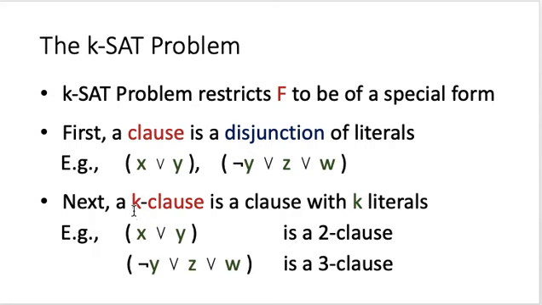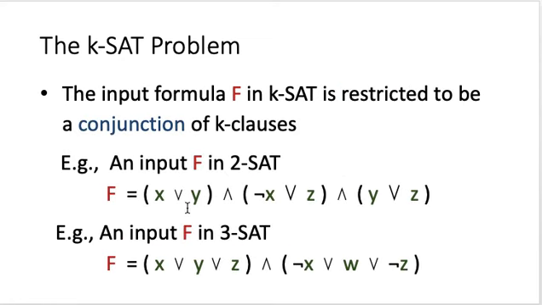Okay, and then a k clause is a clause with k literals. So here, x or y, we have one literal, another literal, so we call it a two clause. And this one is a three clause. And now what is a k-set problem? So the input formula f in a k-set problem is restricted to be a conjunction of k clauses.